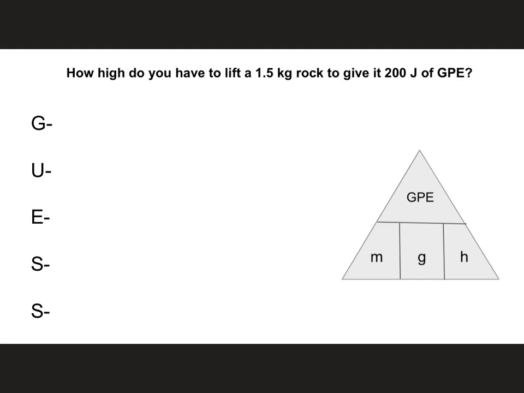So let's look at another example. How high do you have to lift a 1.5 kilogram rock to give it 200 joules of GPE? Going back to our GUESS method, G is for given. We have 1.5 kilograms. That's a mass. And we are given there's 200 joules of GPE, so GPE equals 200 joules.